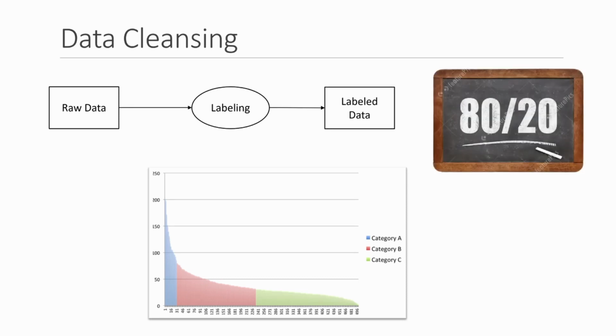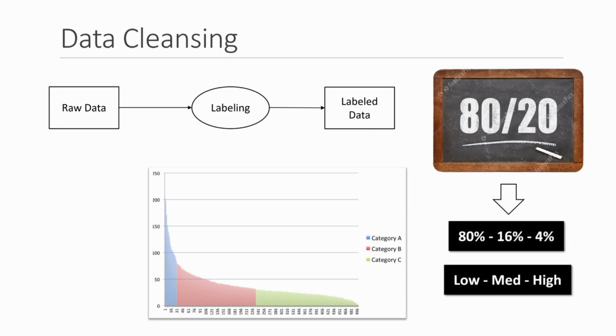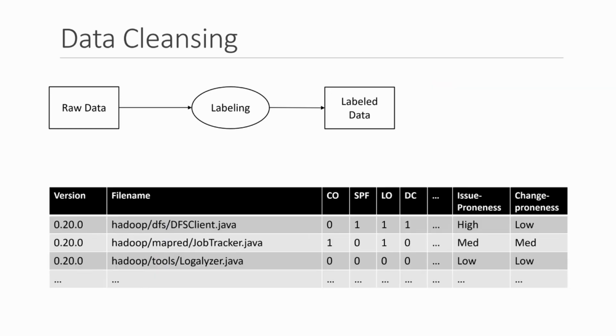We decide to use the Pareto principle in order to divide the labels. And we apply it twice in order to have 3 labels that give engineers more precise predictions. The first 4% will be highly affected, the next 16% will be medium, and the last 80% will be low.